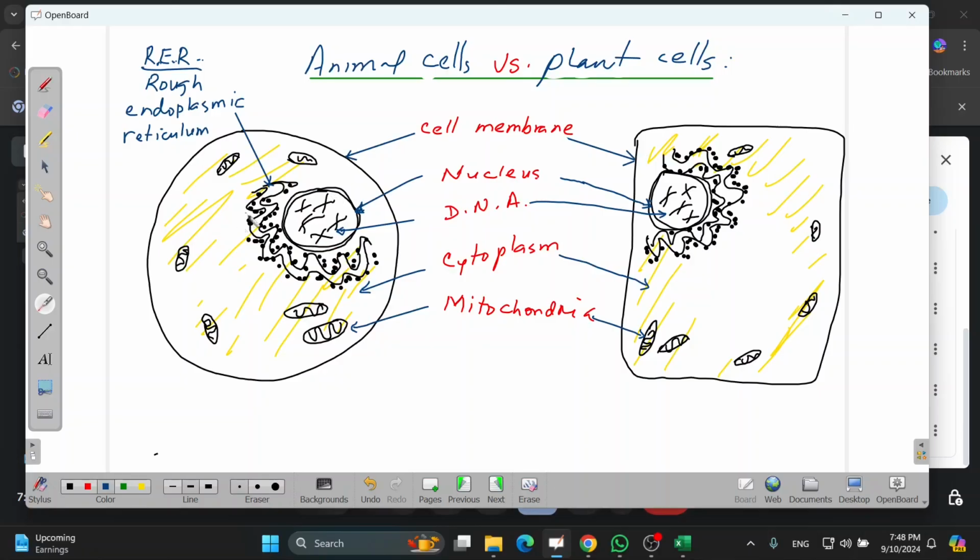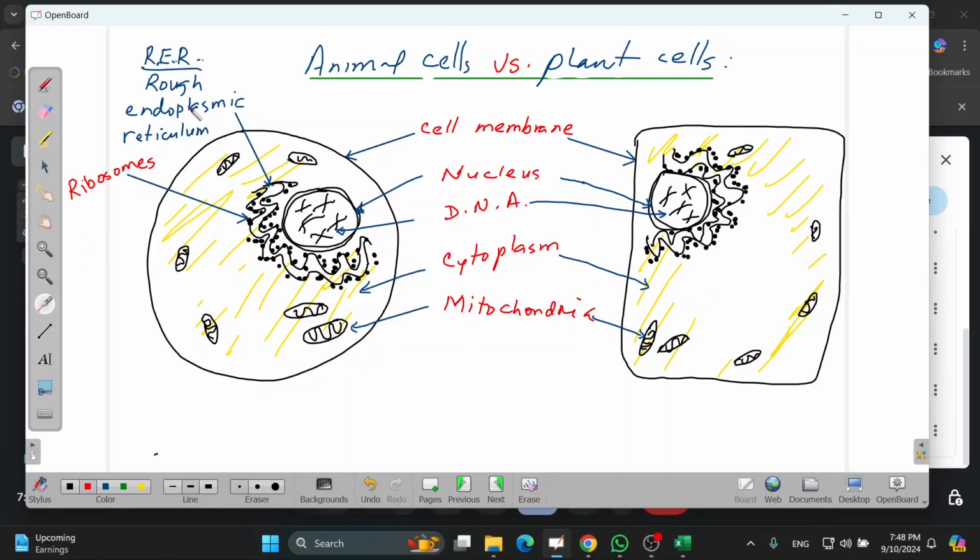And the tiny dots are called ribosomes. I didn't write the rough endoplasmic reticulum name in red because we are not interested in that one, right?